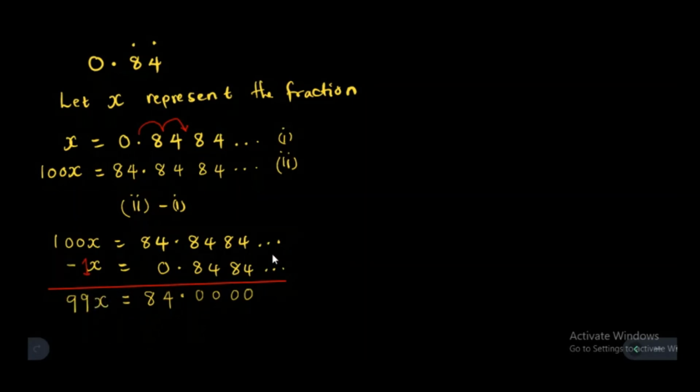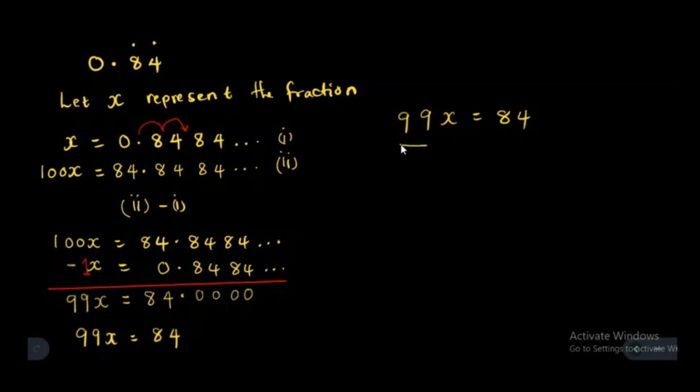All right, so once we have done that, then I'm going to rewrite this equation as 99x is equal to 84. So I'll come to this side. If 99x is equal to 84, what will be the value of x?